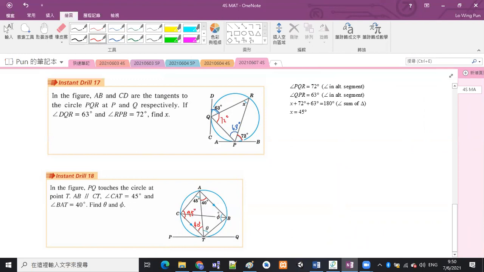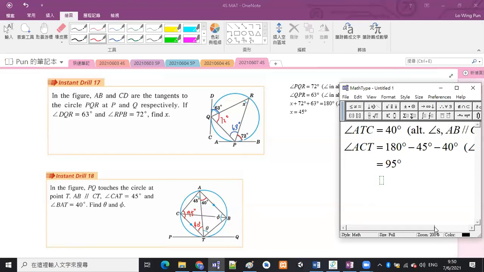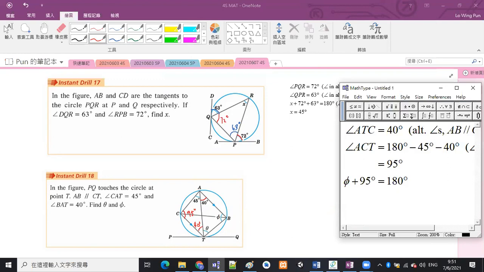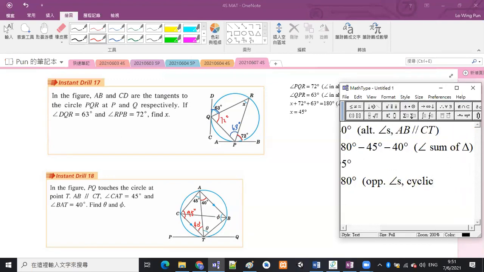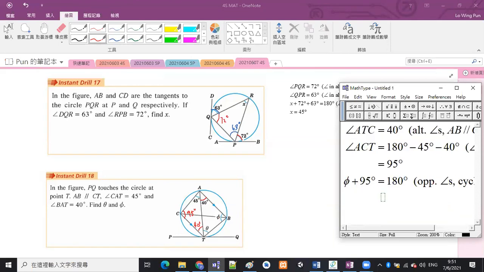And the 95 degrees and phi is a pair of opposite angles in the cyclic quadrilateral ABTC. So phi plus 95 degrees should be equal to 180 degrees, and this is opposite angles of a cyclic quadrilateral. Okay, so phi should be equal to 85 degrees.